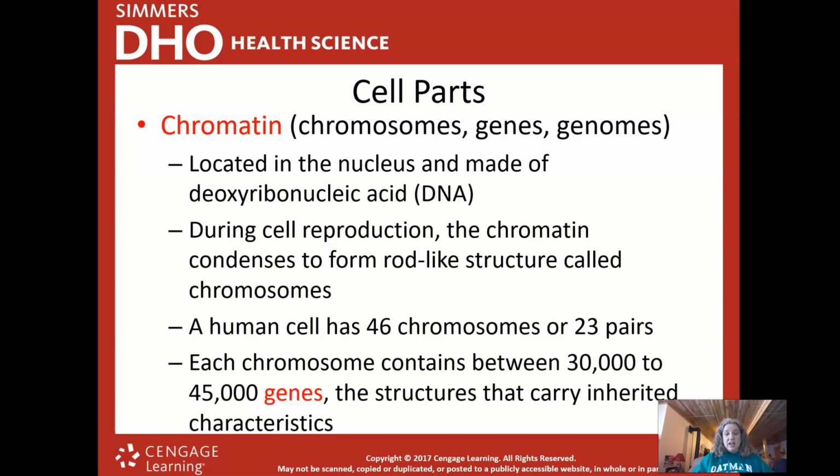Each chromosome contains between 30,000 to 45,000 genes, which are the structures that carry inherited characteristics. So your genes help to decide whether you have blue eyes or brown eyes, brown hair or blonde hair, pale skin or darker skin, and whether you can roll your tongue or not. It's all in your genes.